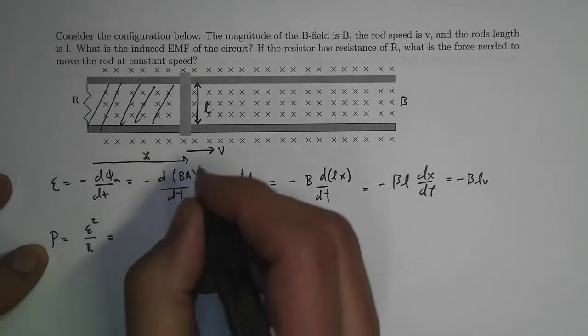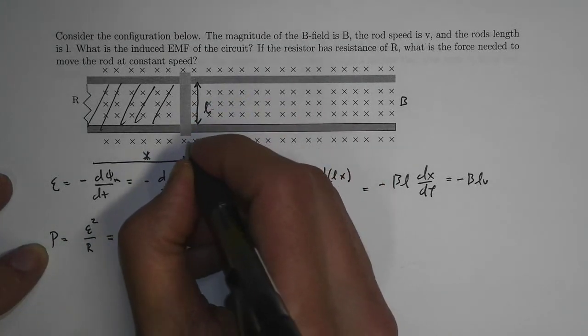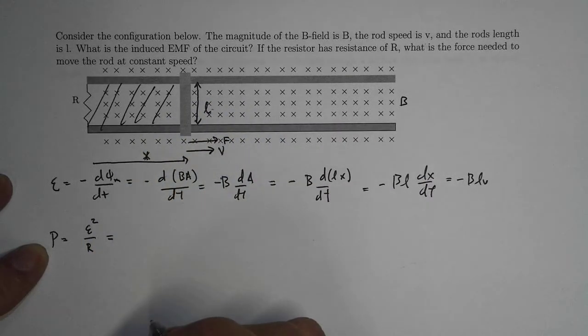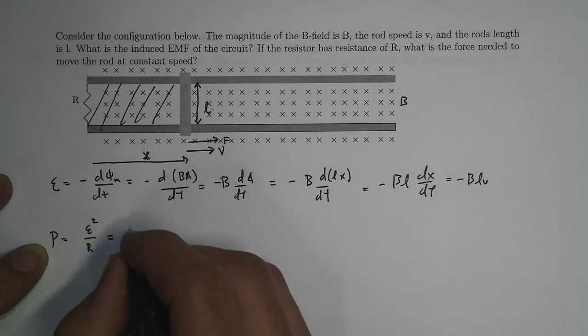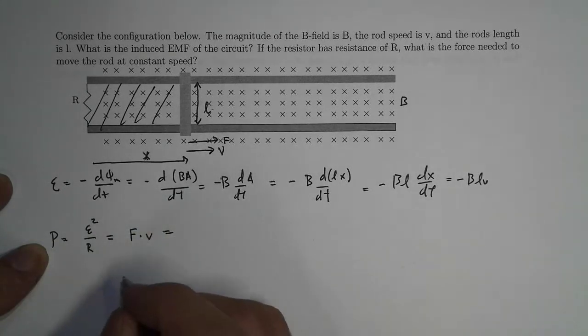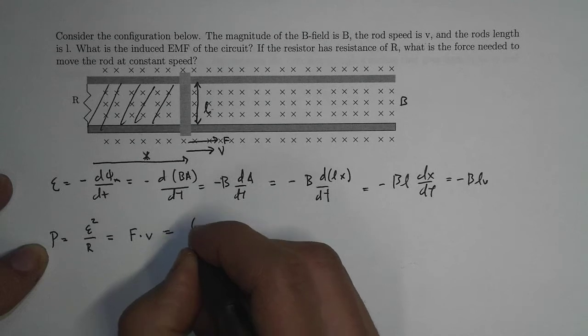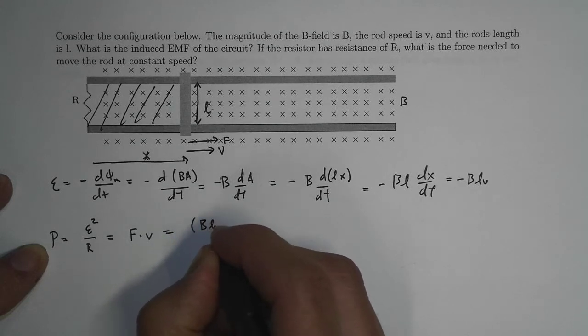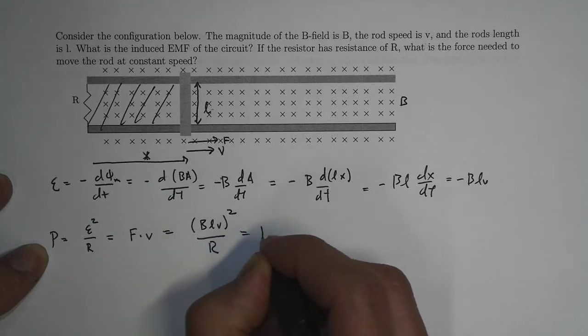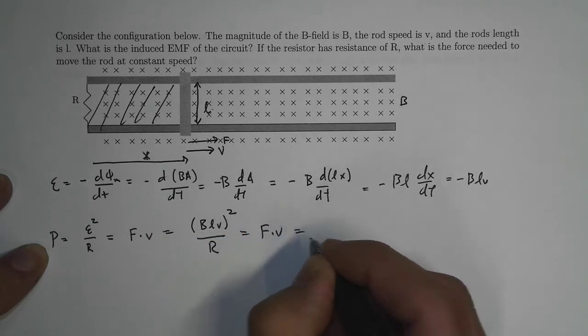This power, which we imagine is basically applied by a force here, which is dragging this rod along. The power is also equal to force times the velocity. Okay, so let's basically just plug everything in. So the EMF is this one. That's going to be (BLV) squared over R. This is equal to F times V, right?